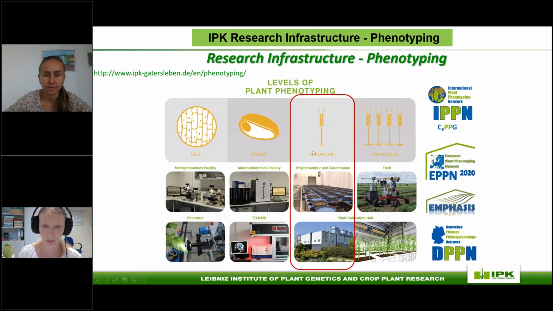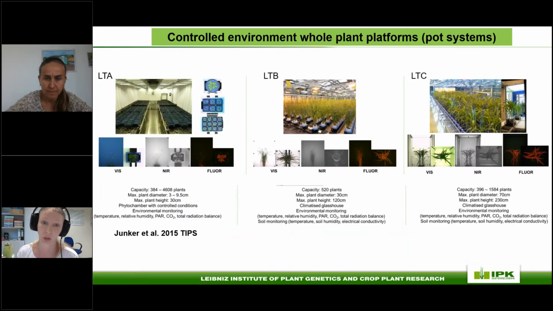And I want to focus here on the high throughput systems located in the phytochamber and in the greenhouse, which are customized LemnaTec systems for small plant species, for medium-sized plant species, and for large plant species such as maize, cereals, or Arabidopsis. All these systems come with side view and top view imaging and with an automated watering system, and have different capacities in terms of single plants, and some have also the option of putting multiple plants on one carrier and to image several plants.